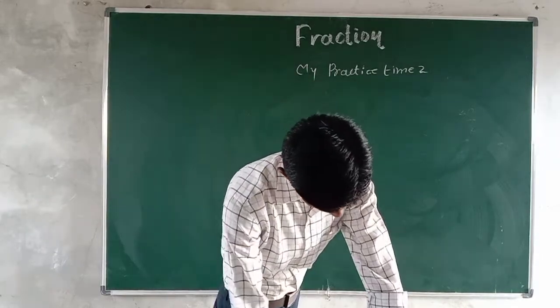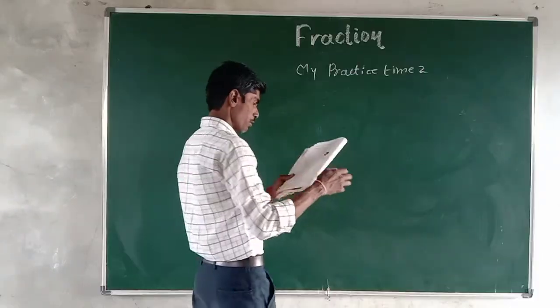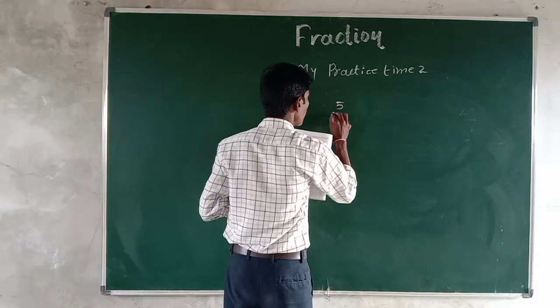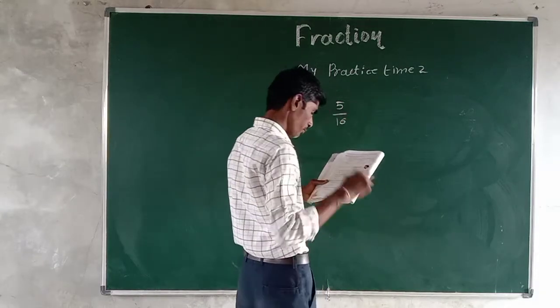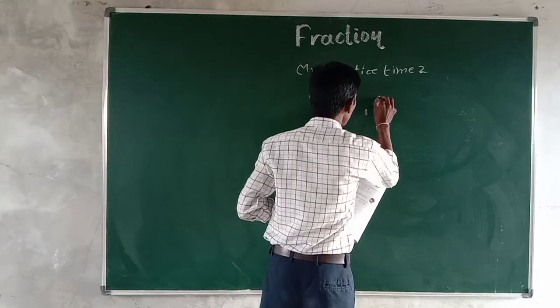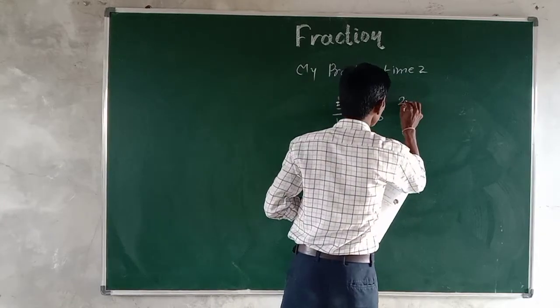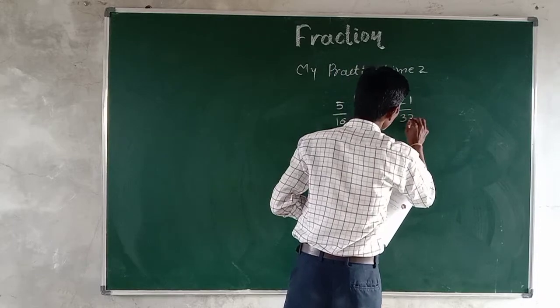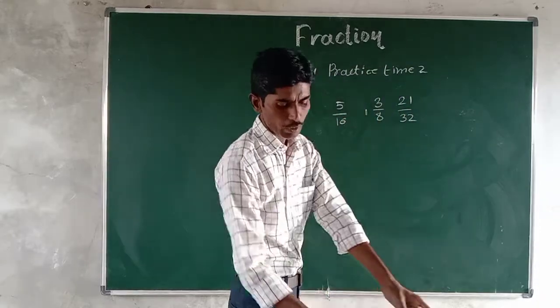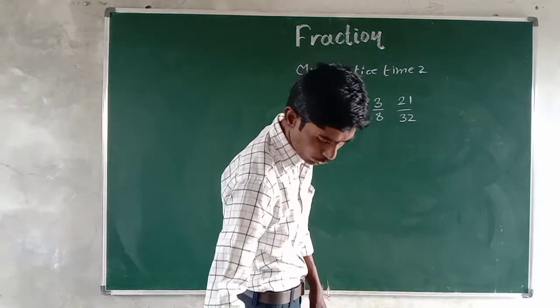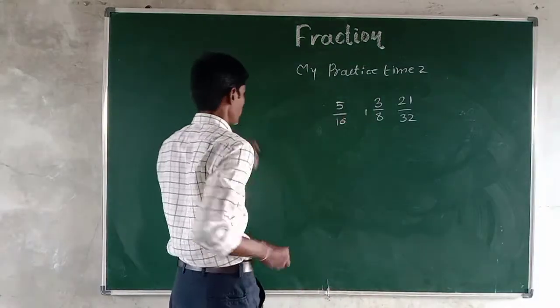Then 5 upon 16, then 1 3 by 8 and 21 by 32. These are unlike fractions, that's why we first have to find the LCM of all these denominators.